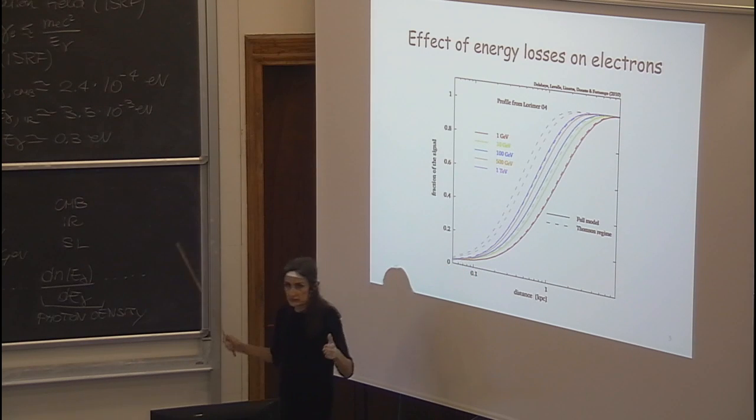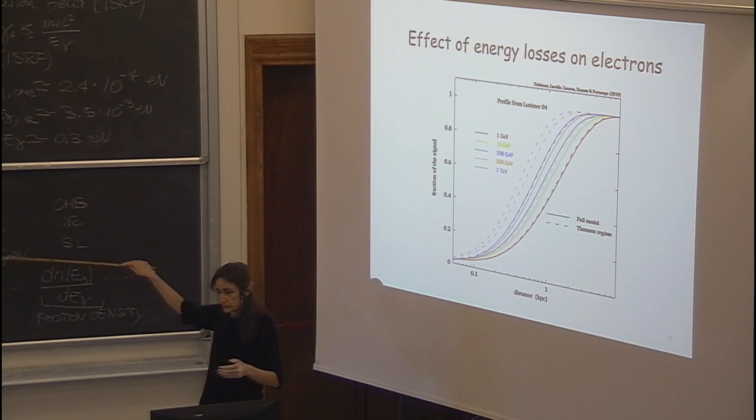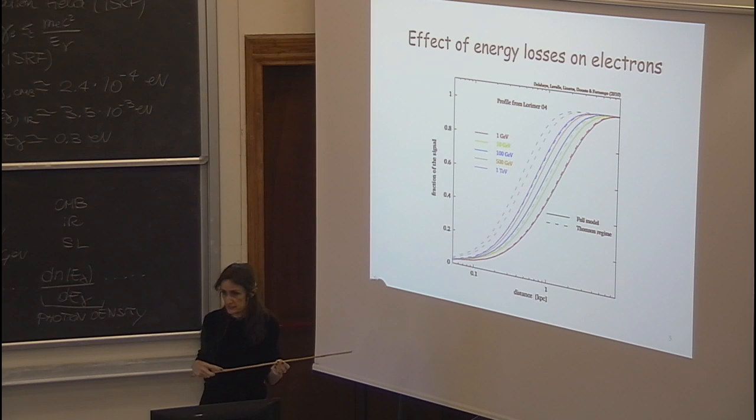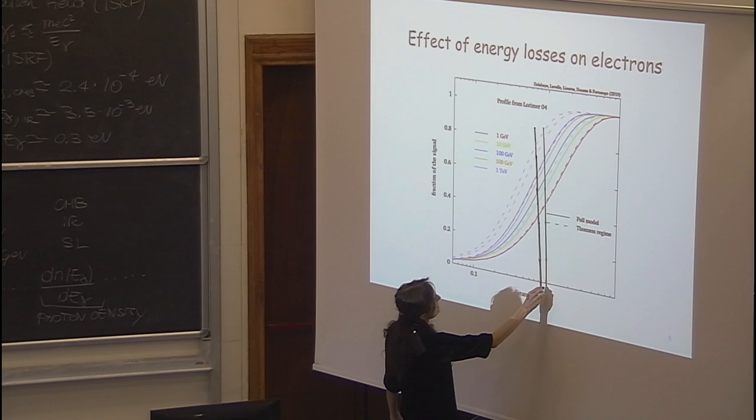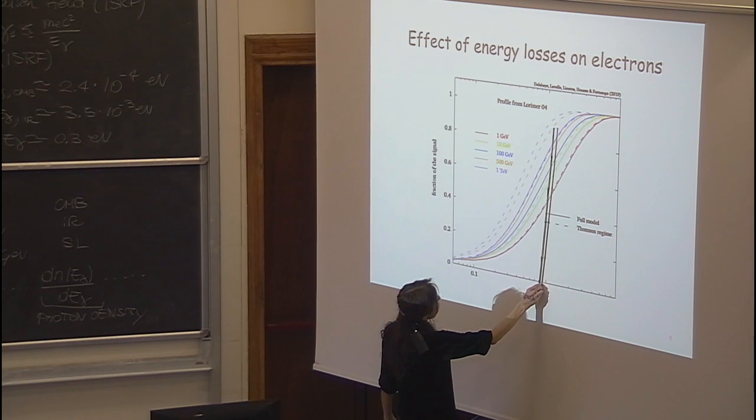So here is the Earth. We have sources around us. Electrons are emitted from these sources and lose energy. So very, very far electrons cannot arrive with this very high energy to the Earth. So take, I don't know, 1 kiloparsec, which is here. And look at the solid lines.